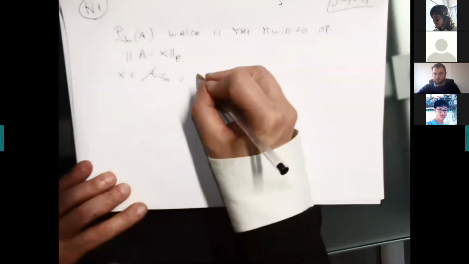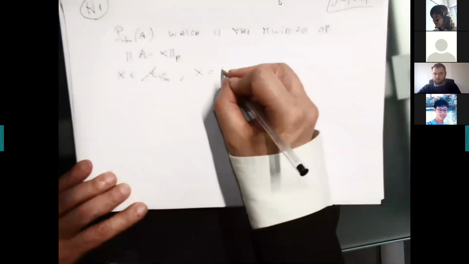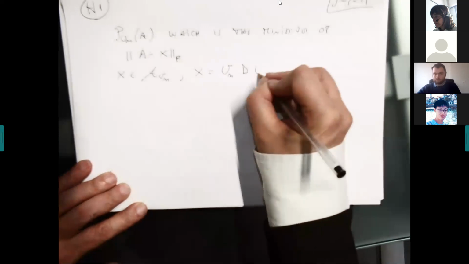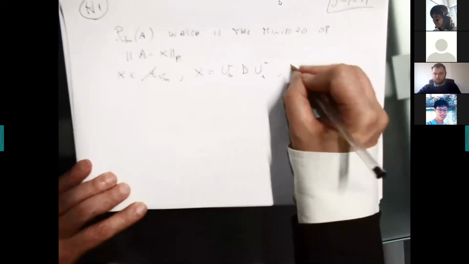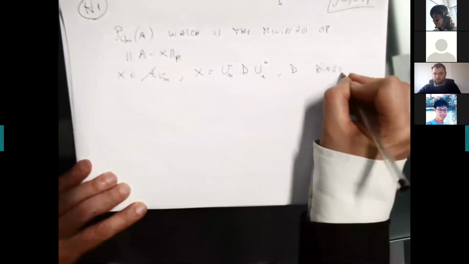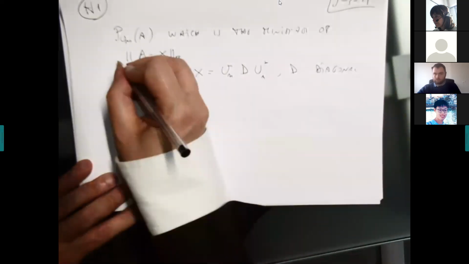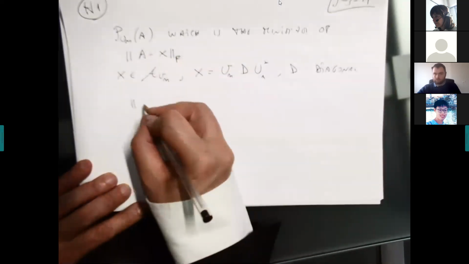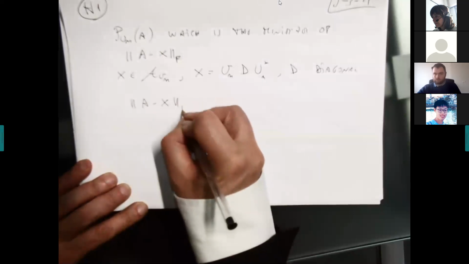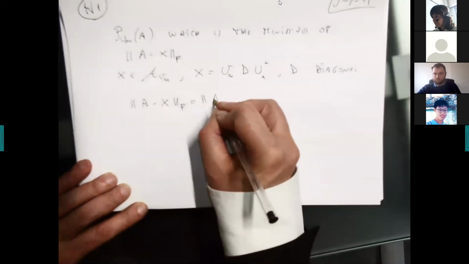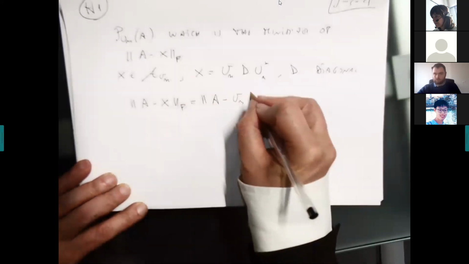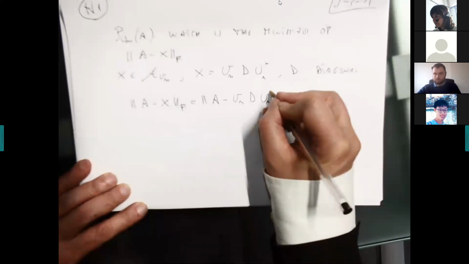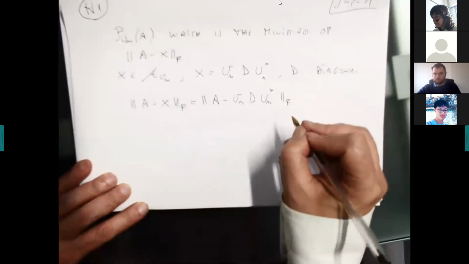This means that X is equal to U_n D U_n star for D diagonal. Then I take this quantity and write explicitly the Frobenius norm of A minus U_n D U_n star.